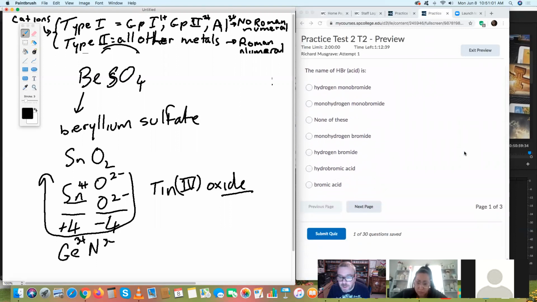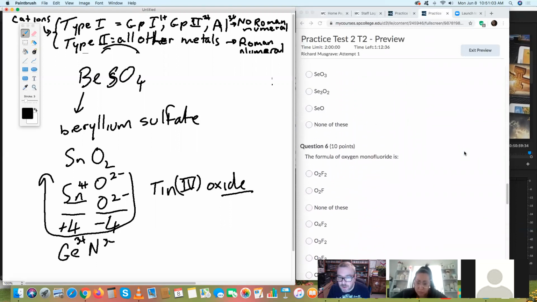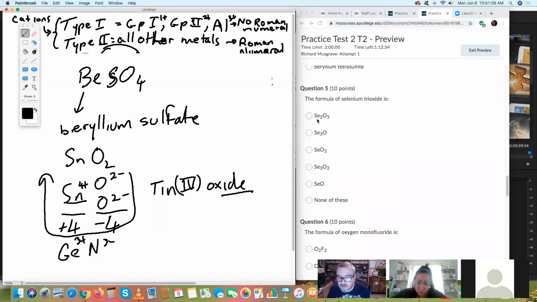If you were worried about figuring out what Se was, you can see it's here. That's how you know where to look for it on the periodic table. And you've got trioxide, so you know it's selenium and oxygen. So it would be 1 Se and 3 Os. SeO3 would be the answer, which happens to be listed there, third one down.